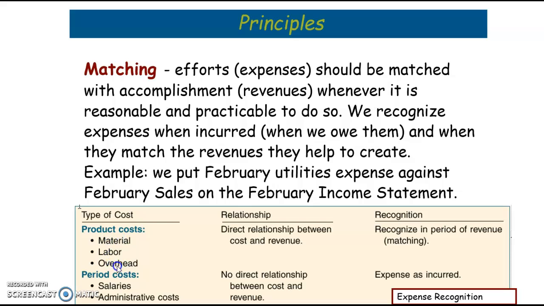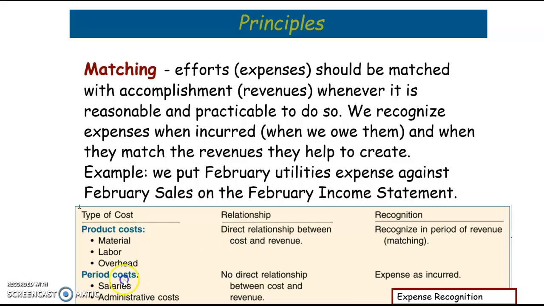Work in process, finished goods, materials, whatever, these are left in those inventory accounts, which goes on the balance sheet. Okay, we're not actually showing them as an expense until we sell them. And then there's a direct relationship, and they get put onto the income statement.